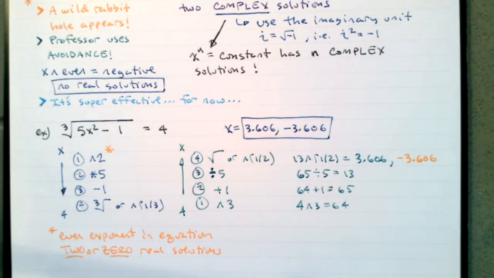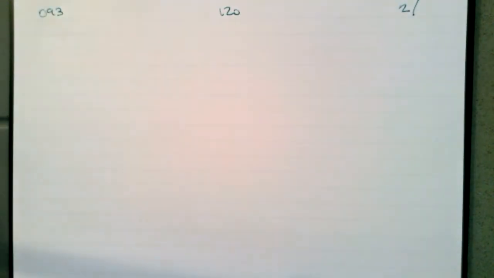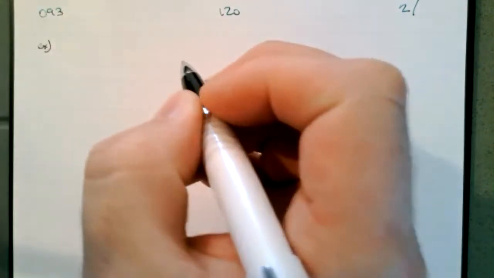All right, let's take a look at another example. Let's look at one with maybe some negatives. Negative exponents, specifically. Let's suppose that we wanted to solve this equation.